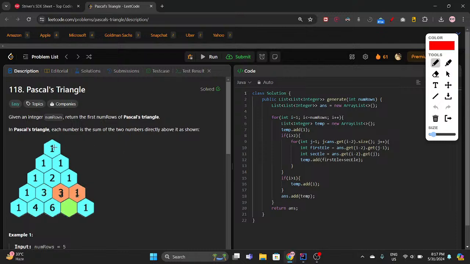So what we will do is, first we will add 1 anyway, then for the last element, n minus 1, always add a 1 again. So if I is equal to 0 or n minus 1, just add it.